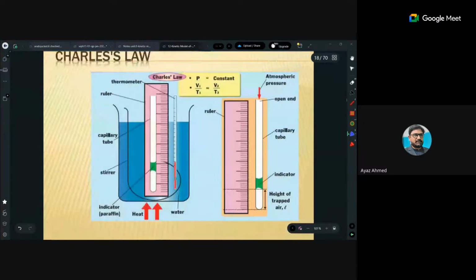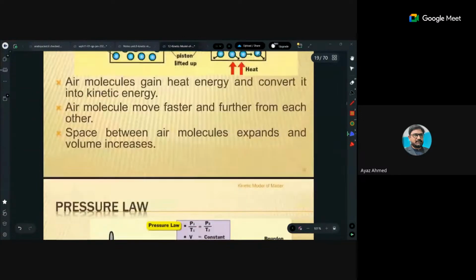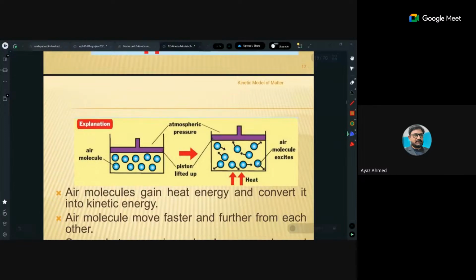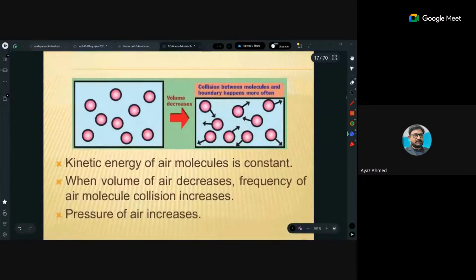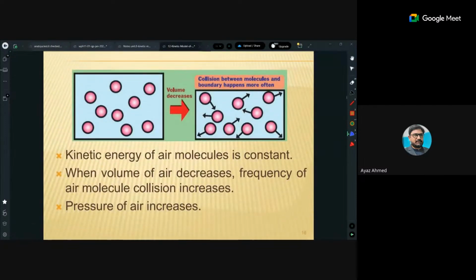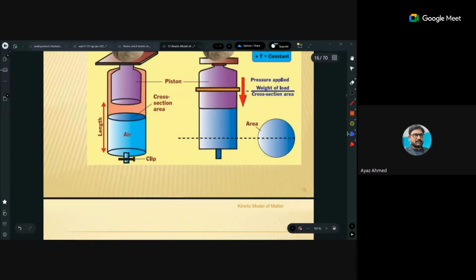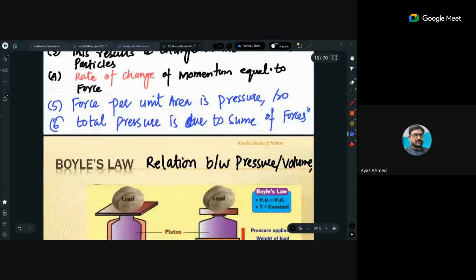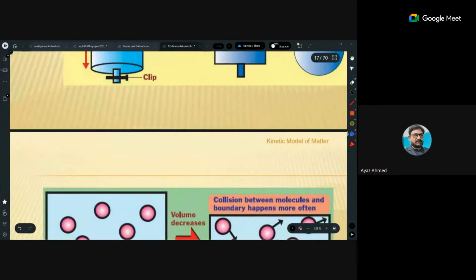Check this one out. Do you see what happens? If the temperature is kept constant in this question, the most important thing is that pressure is inversely proportional to volume.